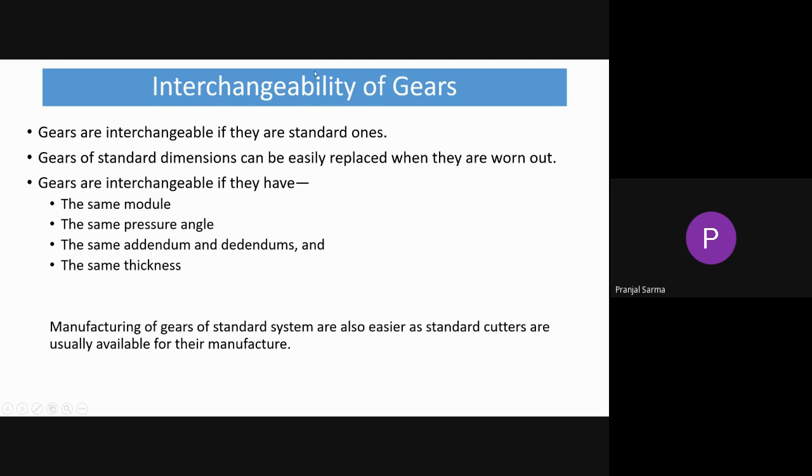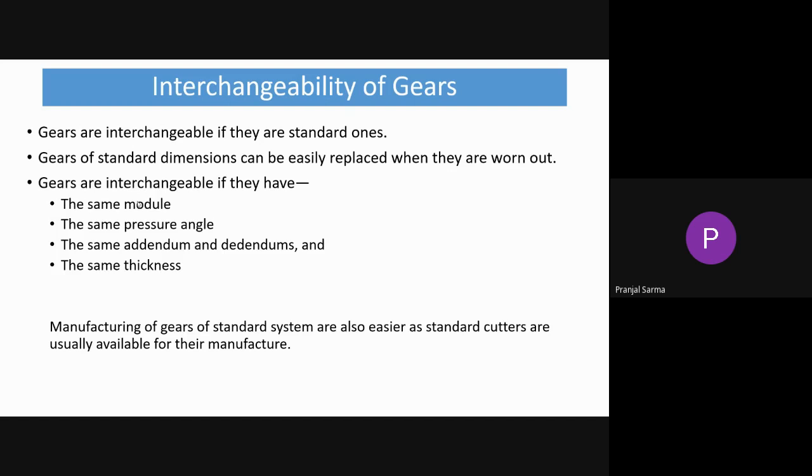Sometimes it may happen that you are working as an engineer in some company, and in some machinery a breakdown of a gear has happened. In that case you need to either manufacture or purchase a gear having certain specifications. You cannot just say that it looks like this. There are certain specifications which you must know as an engineer.